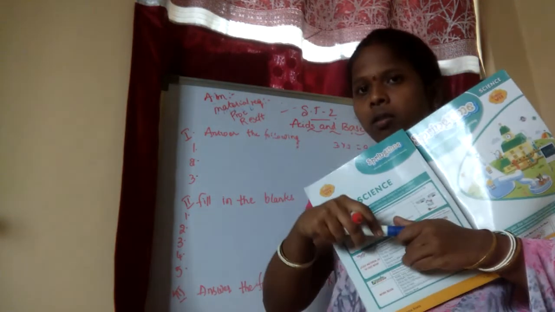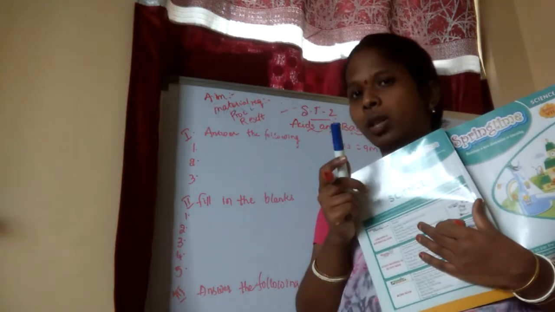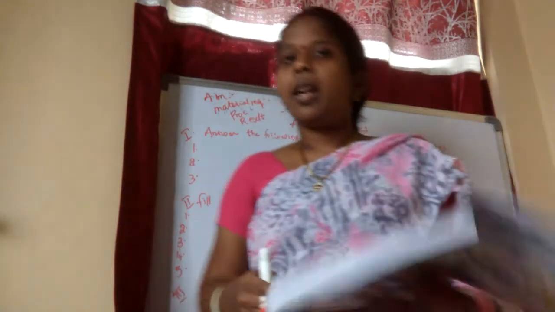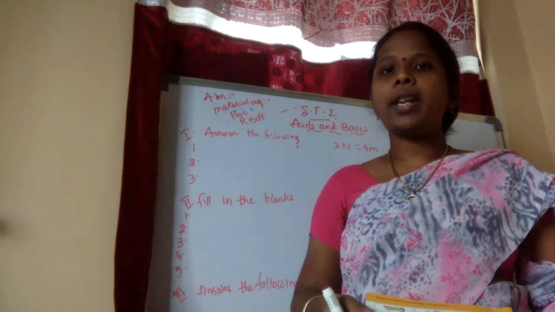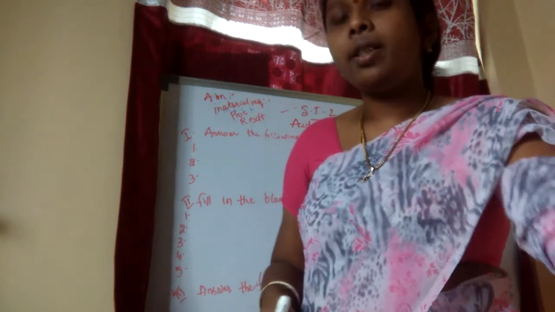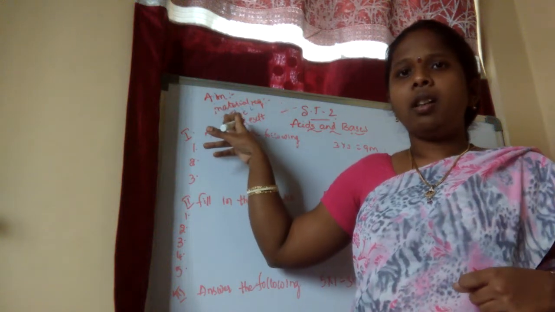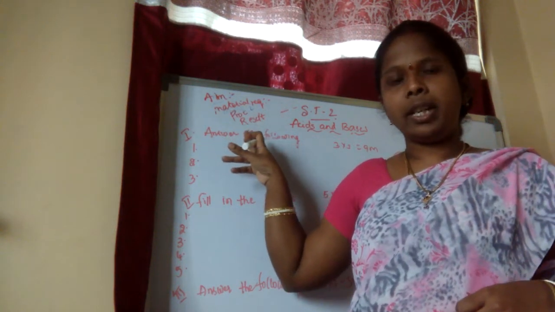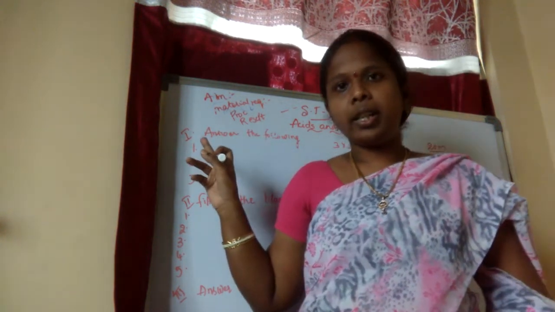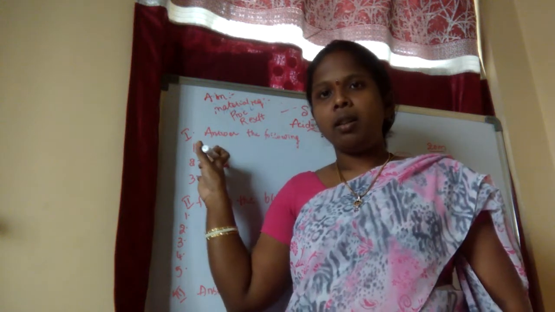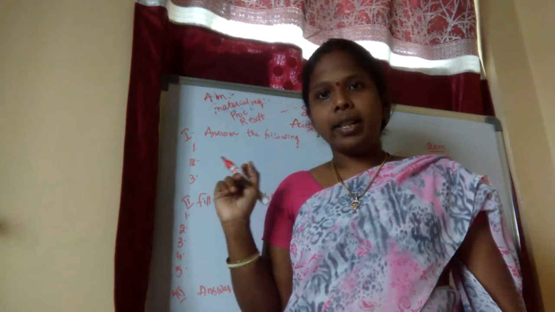So I said one activity and also one question. Write about acid rain. So the first one is you have to write the activity, how to prepare a turmeric indicator. And in the next one, what are acid rains?